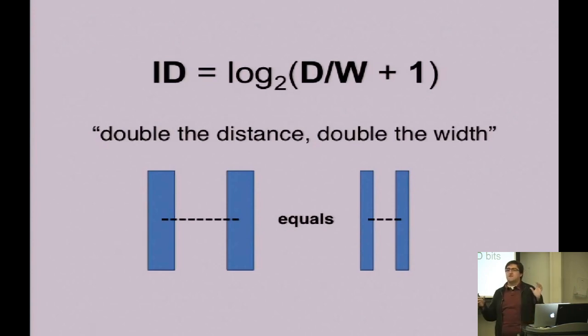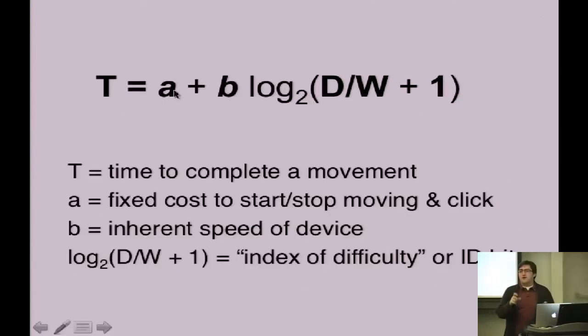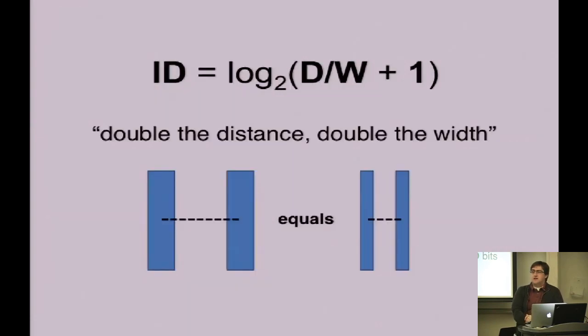What it basically does is combine the distance between the ribbons and their width, or in general the distance to the target and how big it is, and give you an estimation on a simple scale of how difficult that is to do. So what Fitts was trying to do is create a really general linear equation, algebra style, that measures a fixed cost, how quick the device is inherently, with some general scale of difficulty for how difficult the pointing is going to be.